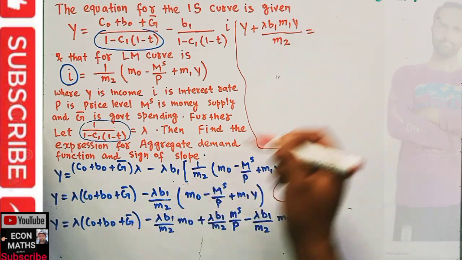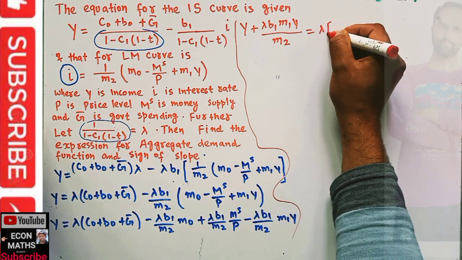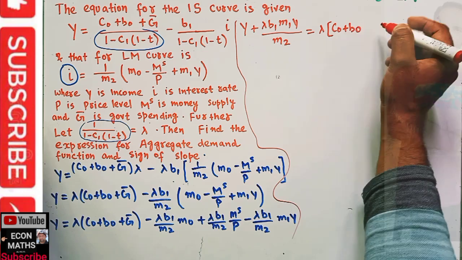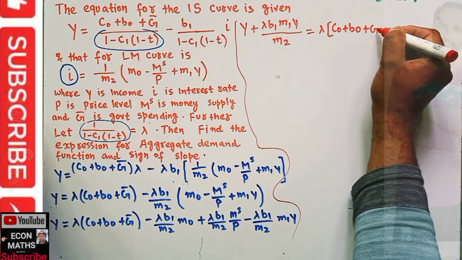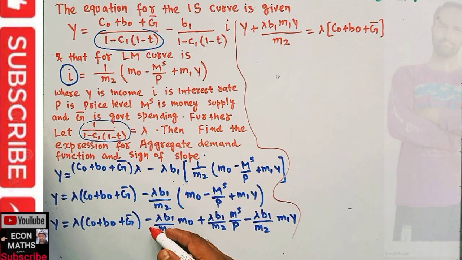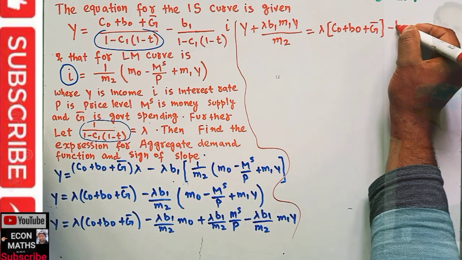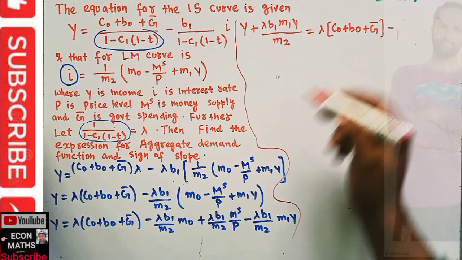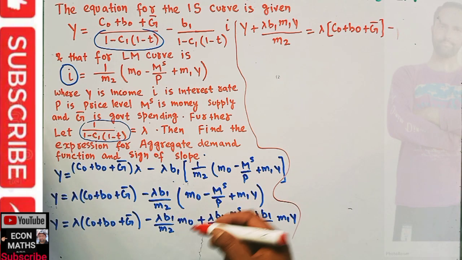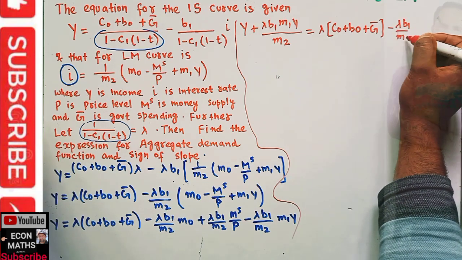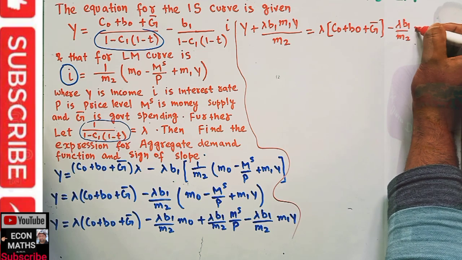So we are left here with lambda times (C0 plus B0 plus G bar). Then we have this term minus lambda B1 upon M2 and M0.